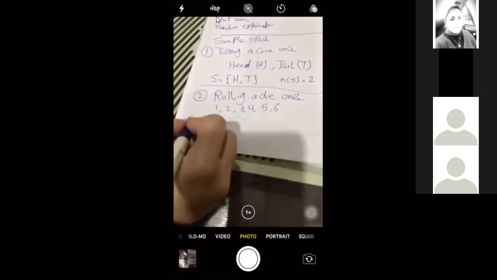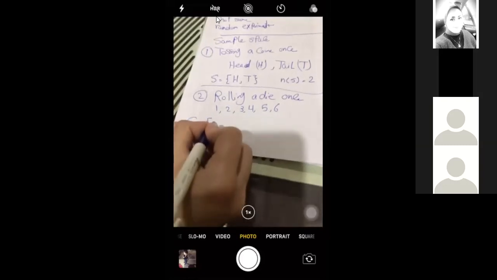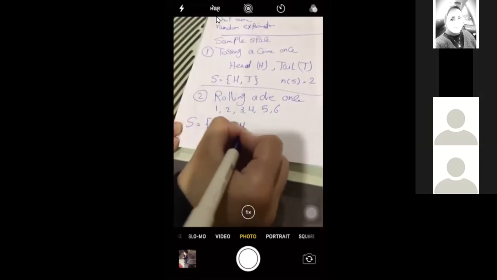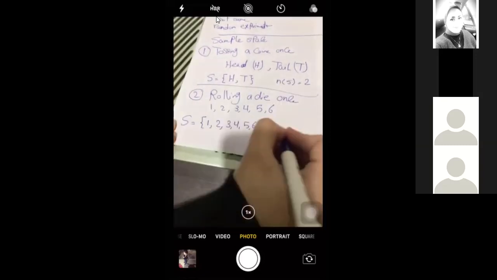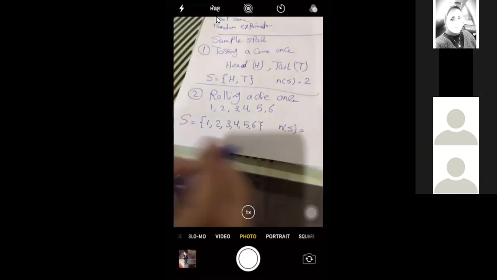So the sample space equals 1, 2, 3, 4, 5, 6. Anyone can tell me the number of the sample space? It's 6. Easy? Okay.